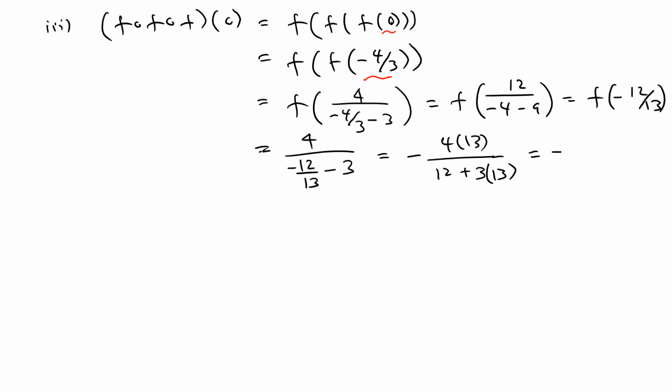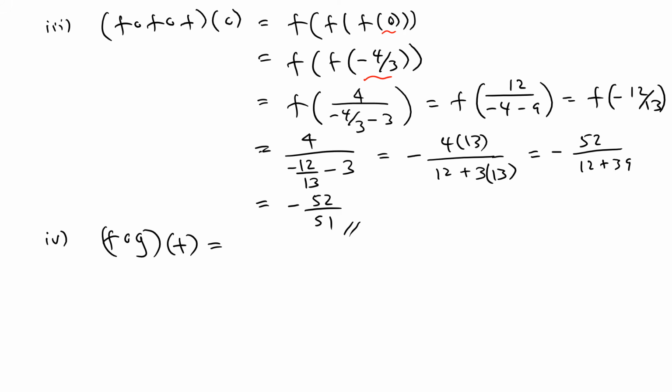Pull out a negative, and then 52 over 12 plus 39. You can see this is simply negative 52 over 51.